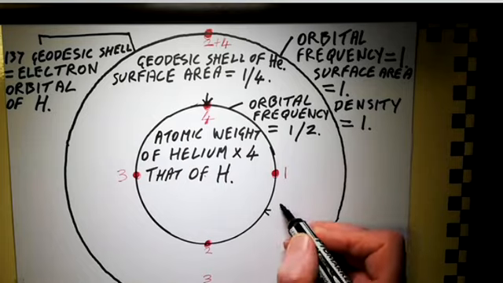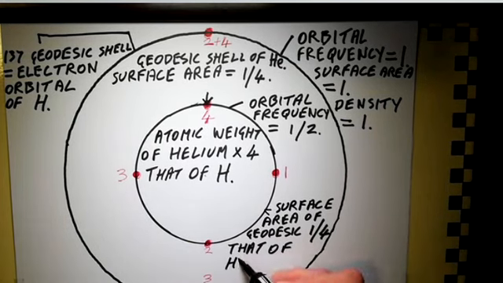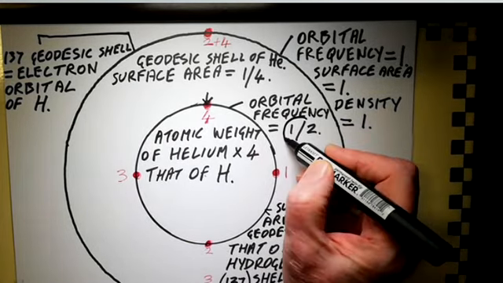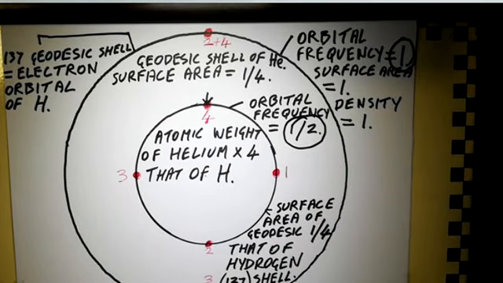However, the true explanation for the discrepancy is that the next internal geodesic shell, with a radius of 1/2 of the Roche sphere, will have a surface area which is 1/4 that of the 137 Roche sphere stroke electron orbital shell.